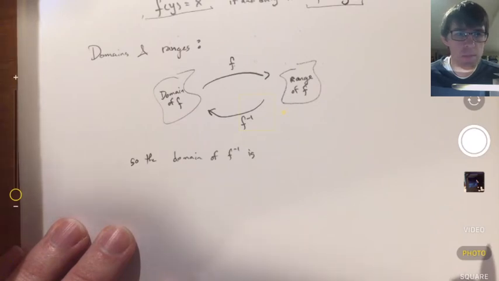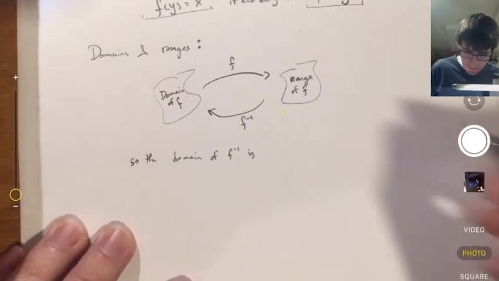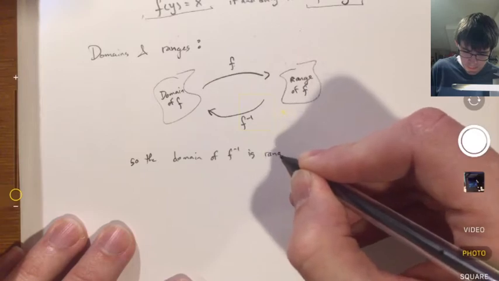Would it be like the domain of f inverse is f? Maybe I know what you mean, but f is another function. The domain of f inverse is some set. Oh, it's the range of f. Yeah, that's it.